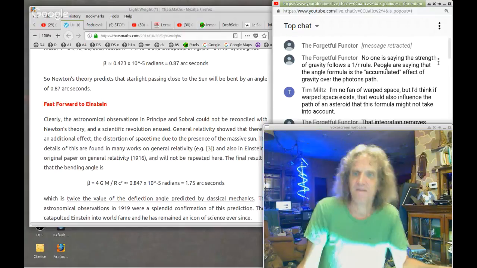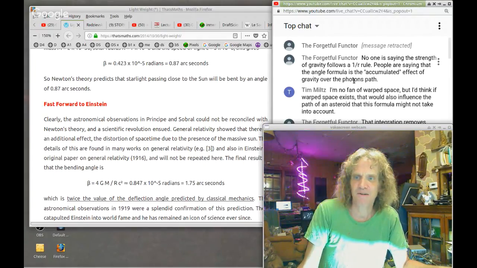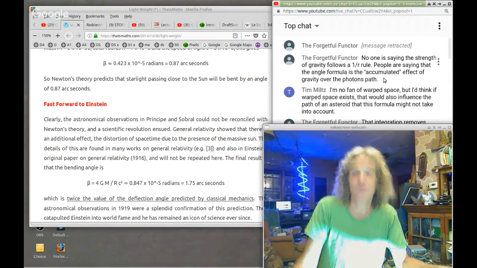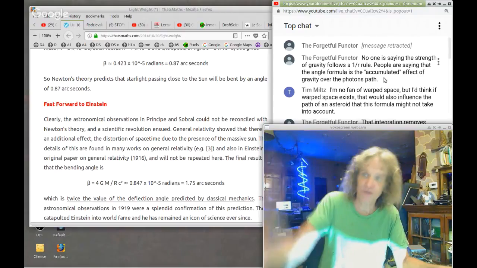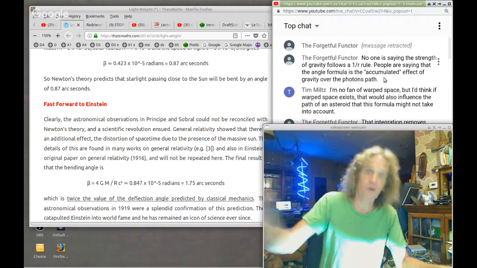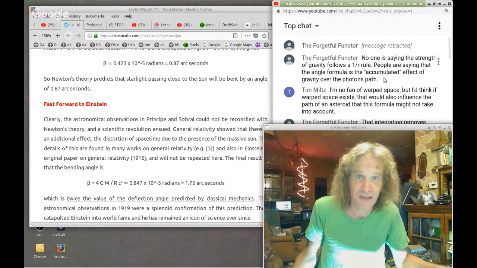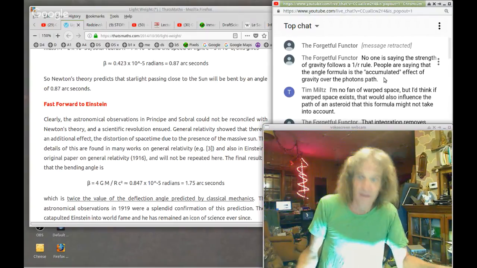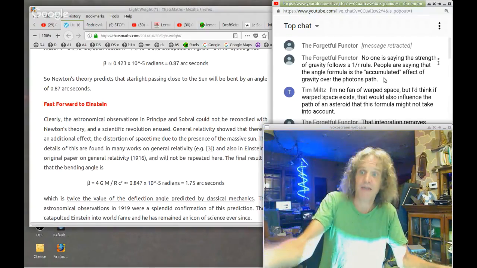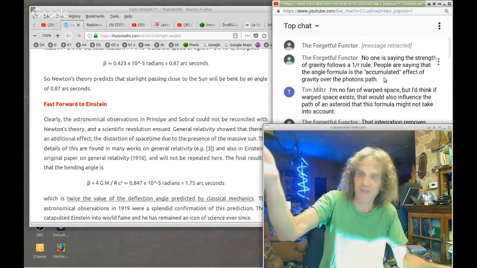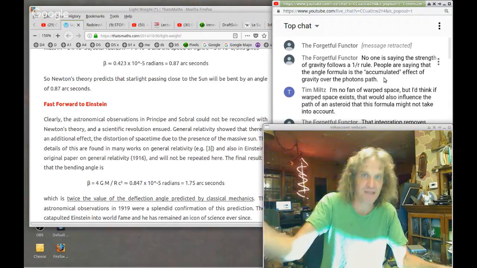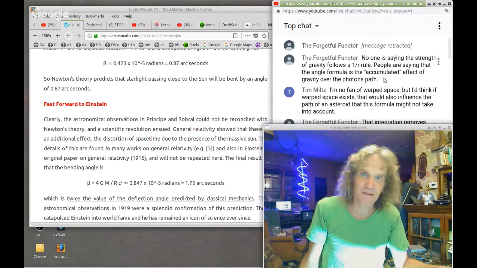Yeah. People are saying that the angle formula is the accumulated effect of gravity over the photon's path. And again, who's arguing against that? That's what the 2 GM versus the 4 GM is a representation of. Clearly, I'm not disputing that the effect of gravity is represented in putting that 2 number times the mass.